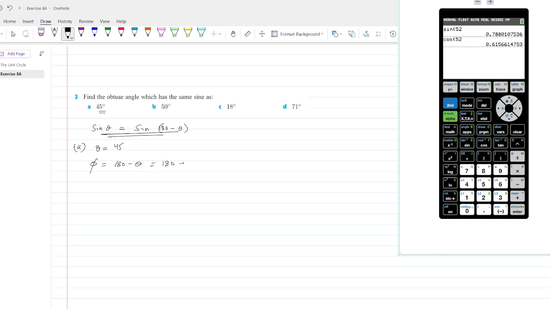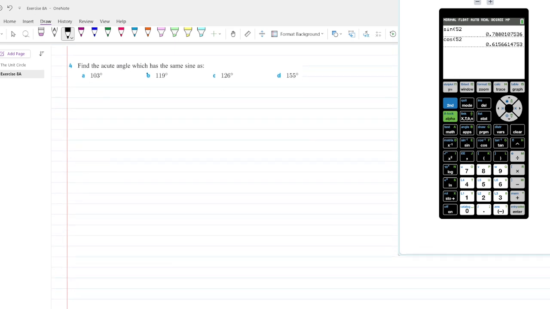So 180 minus 45, which is 135. Similarly, theta equals 50, phi must be 180 minus 50, that is 130. Similarly, we can do C and D. Let's go to the next problem.